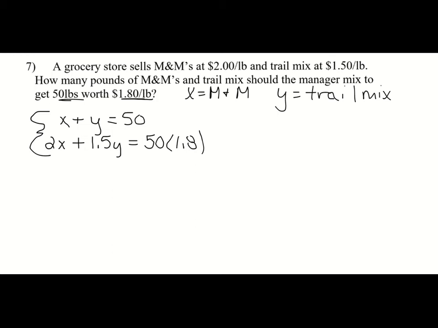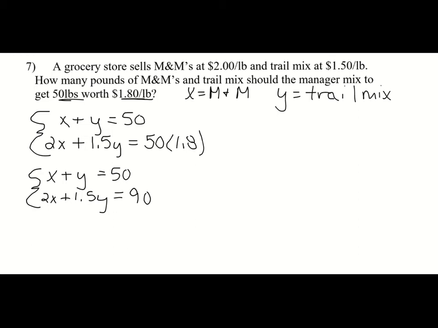So when we multiply out that 50, I'm going to rewrite it: X plus Y equals 50, and then 2X plus 1.5Y is equal to 50 times 1.8, which is 90.